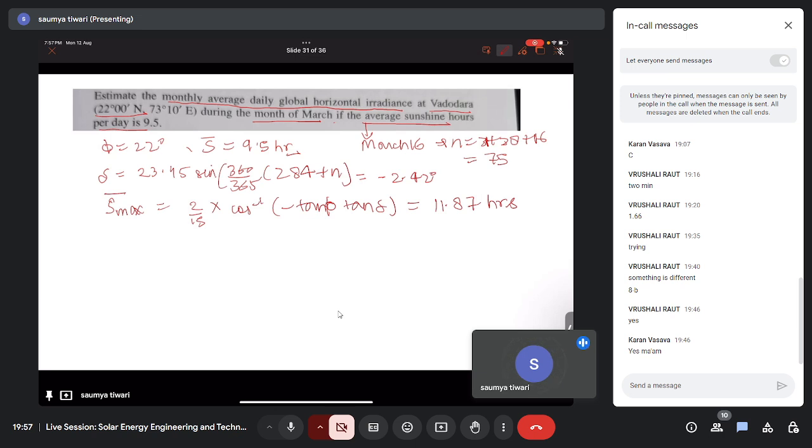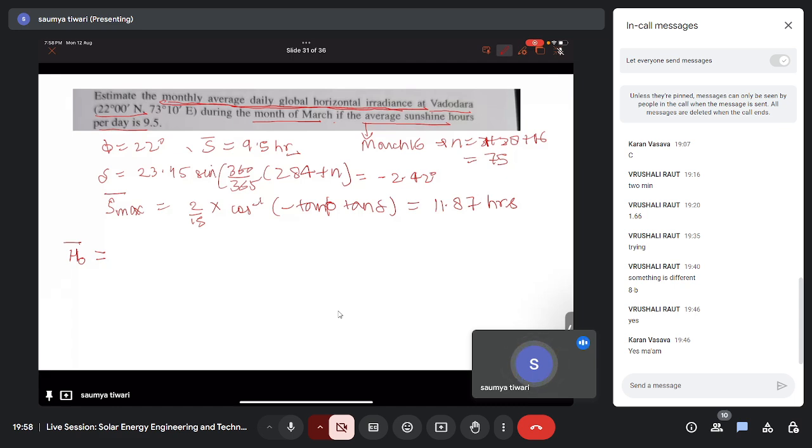Now we know the relation, the Angstrom relation, right? It is talking about the monthly average daily global horizontal irradiance. For that, one more parameter is needed, which is H naught bar, the monthly average daily extraterrestrial radiation, similar to the clear sky day.